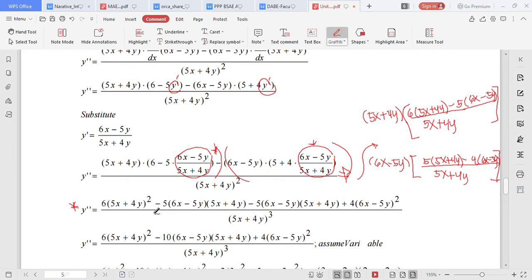What we did is, these two terms, 5x plus 4y, since both terms have 5x plus 4y, we brought it down, so that it became (5x plus 4y) cubed here.